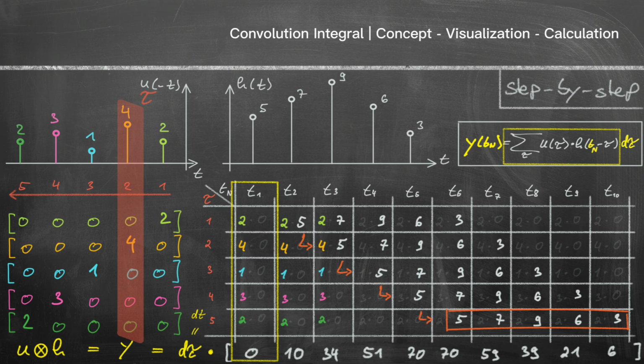In addition, it is scaled by the impulse's magnitudes. The impulse response is the reaction of a linear dynamic system to a unit impulse. That is why the response is scaled by the impulse's magnitudes. In this case, 2, 4, 1, 3, and 2.